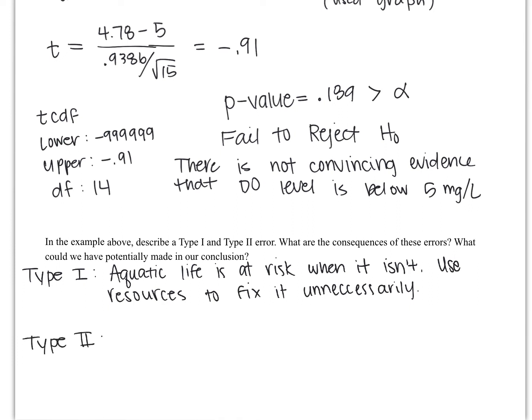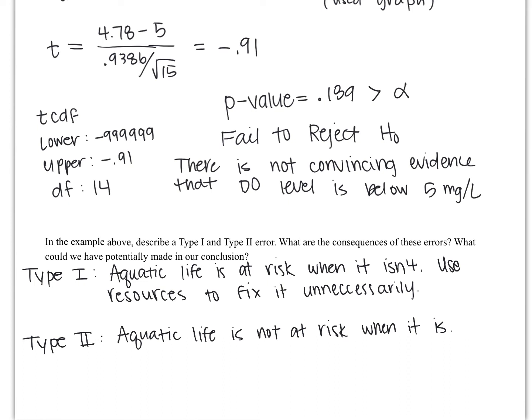For a type 2 error, we say aquatic life is not at risk when it is. That's when we failed to reject the null hypothesis when we should have.